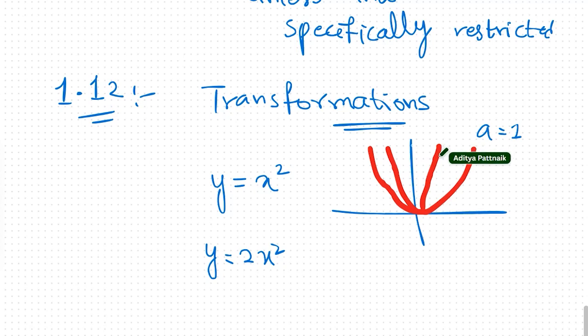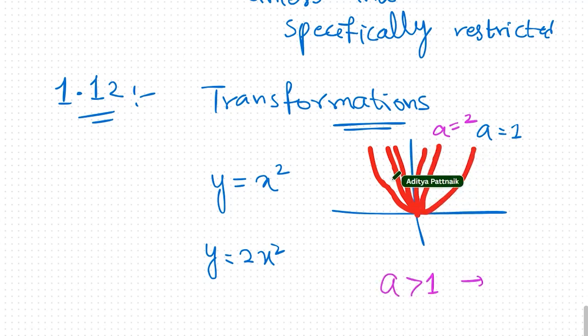So it compresses. Vertically it has been compressed. So this is for a equal to 2. What about a equal to 3? It would be even smaller. So basically a greater than 1 means vertical stretch and horizontal compression.